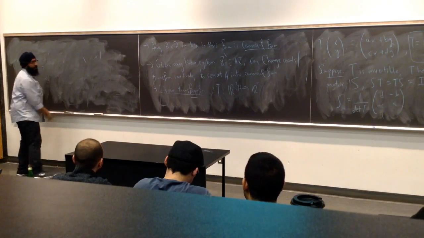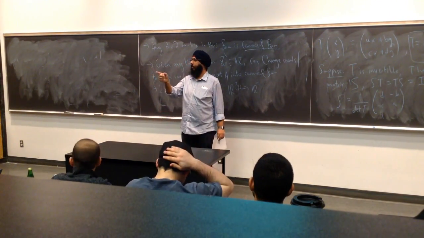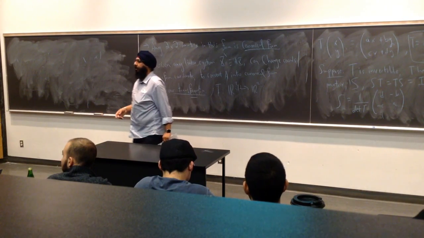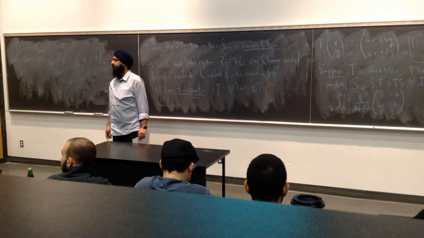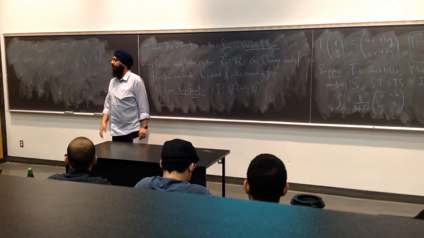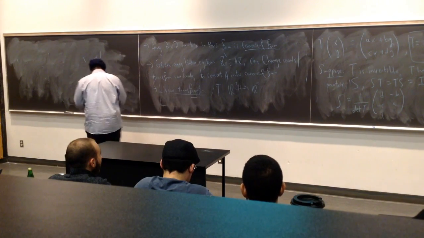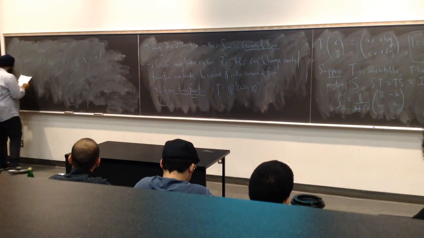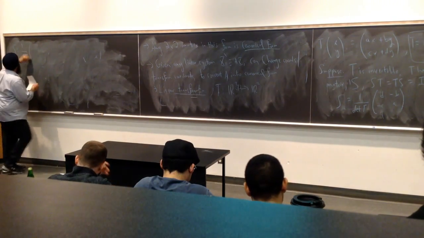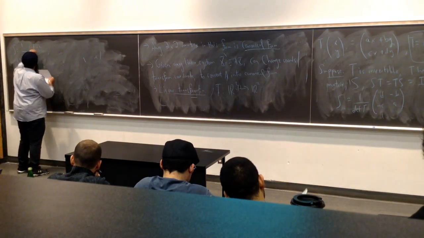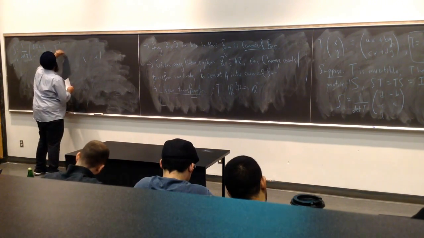So how can I check very easily that S is in fact the inverse of this matrix? And how can I show that S is the inverse of this matrix? And what do I get there? If you do that multiplication, indeed you'll get the identity [1 0; 0 1]. Fine. So S, I'll just rewrite it here: [d -b; -c a] over the determinant is equal to T inverse if what?